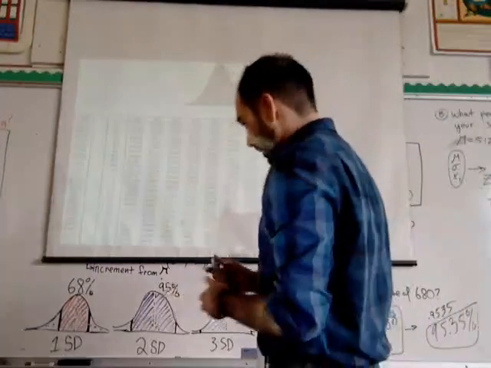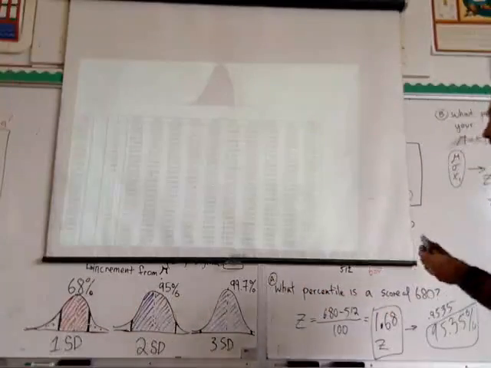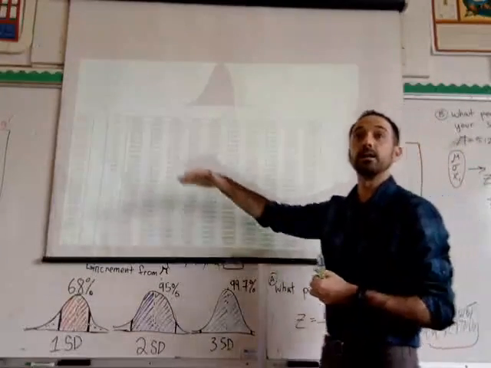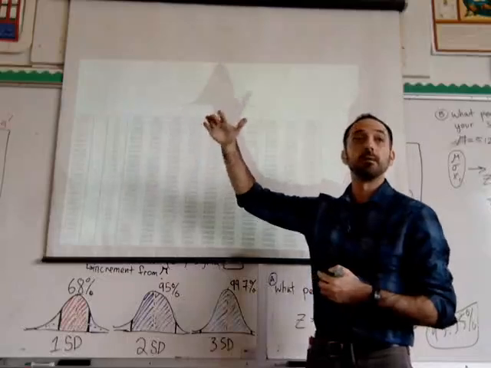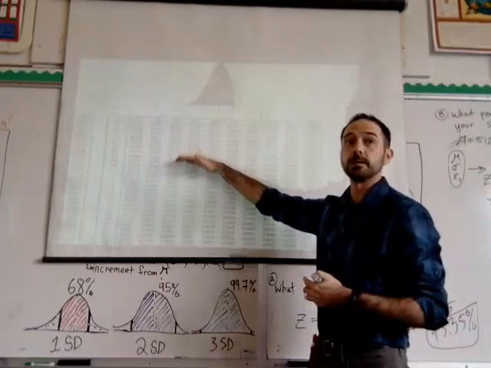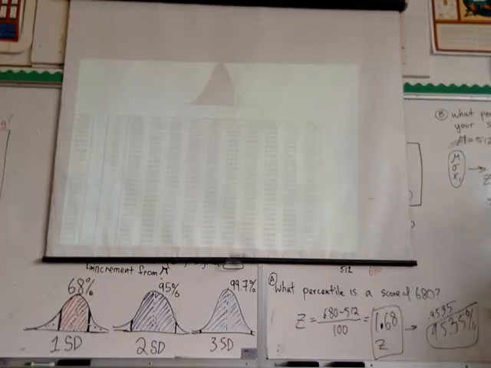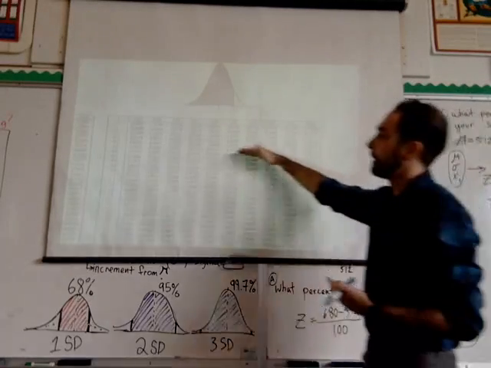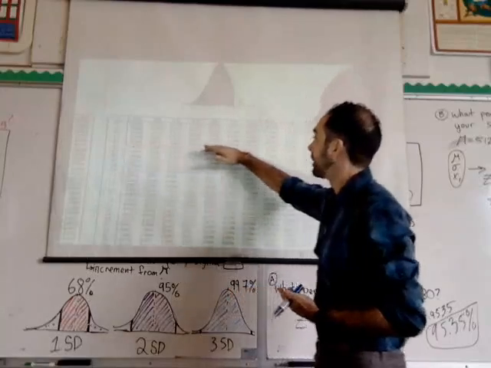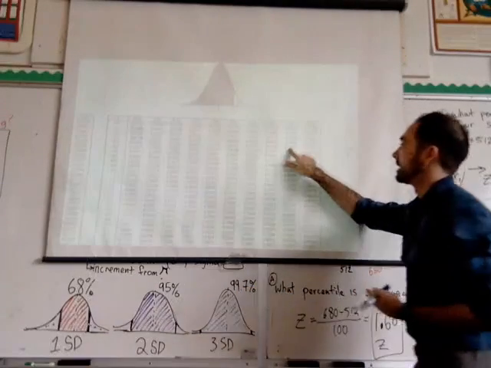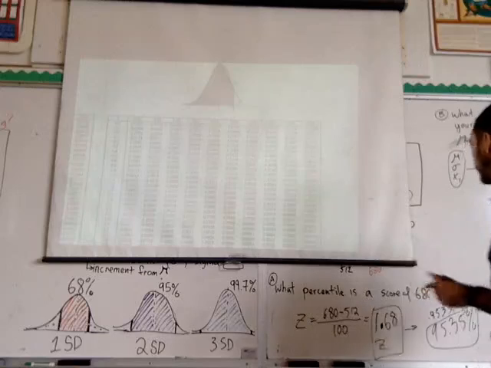If I'm looking for 0.48, what row do I need to go down to? As far as dimes go, we're at 0.4, right? And then I need to go over to the column that has 0.08, and we get here at 0.6844.